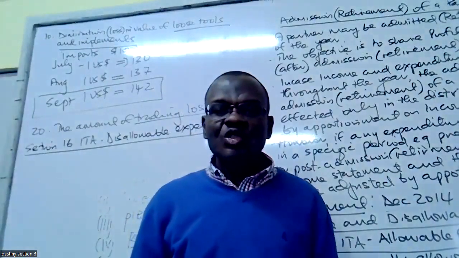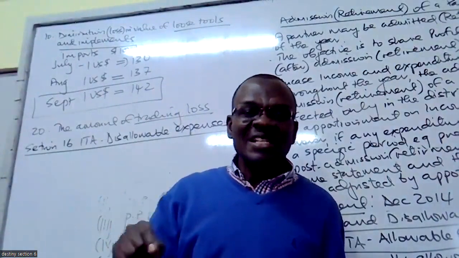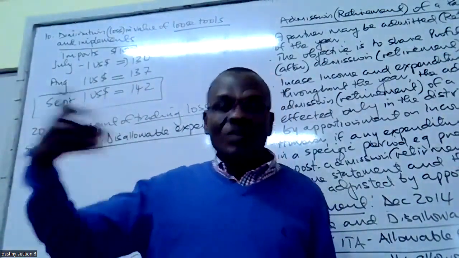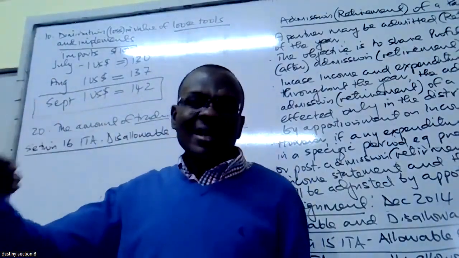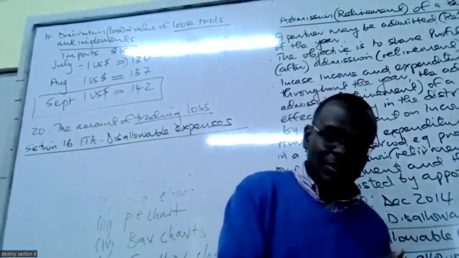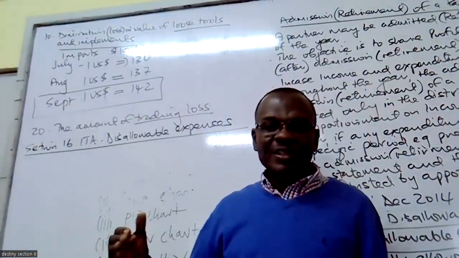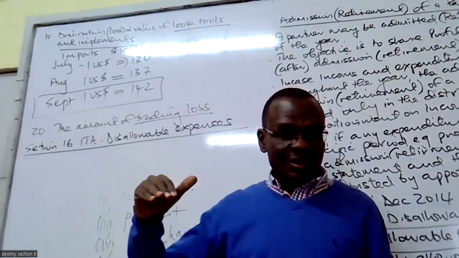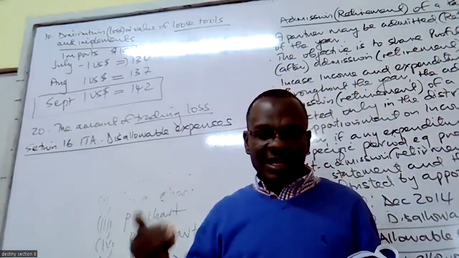So what are disallowed expenses? These are expenses that are not wholly and exclusively incurred in the production of income. So they are the opposite of Section 15 of the Income Tax Act.